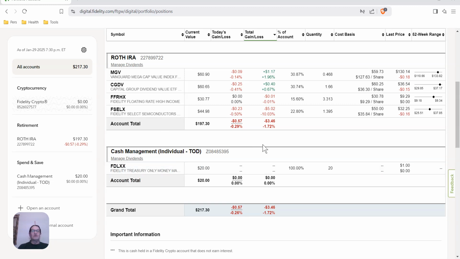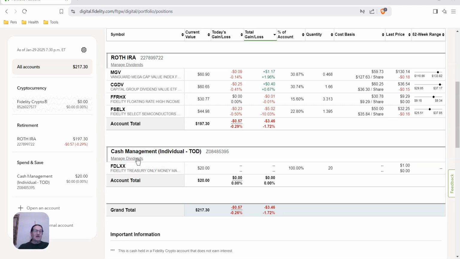FDLXX is an auto liquidating account, meaning that when you go to an ATM to withdraw money, you do not have to first log into your FDLXX account, and you don't have to then transfer from FDLXX into the actual CMA, which means cash management account.